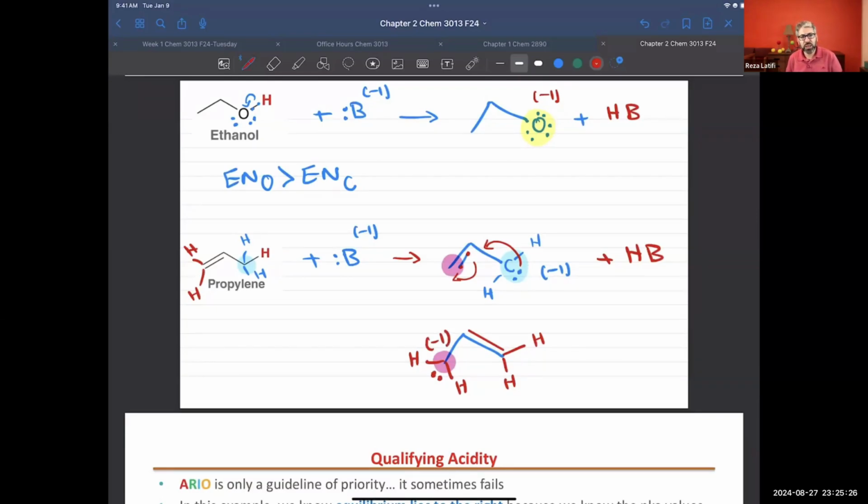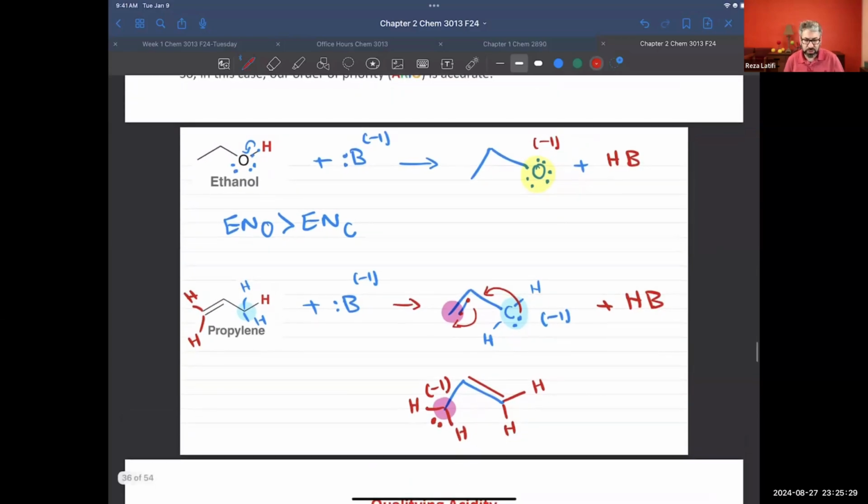With ethanol, electronegativity is favoring oxygen. With the second structure, resonance tells us that we can have 2 resonance structures. So now I have 2 factors. Electronegativity says ethanol should be more acidic. Resonance says the second molecule has 2 resonance structures. The more resonance you have, the higher the stabilization, and the stronger the acid will be.